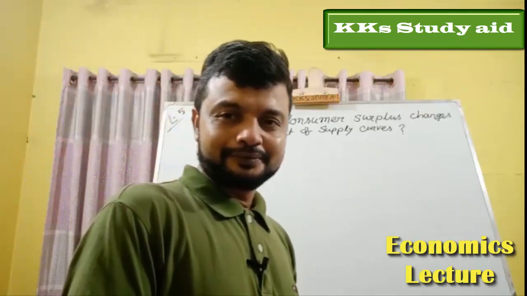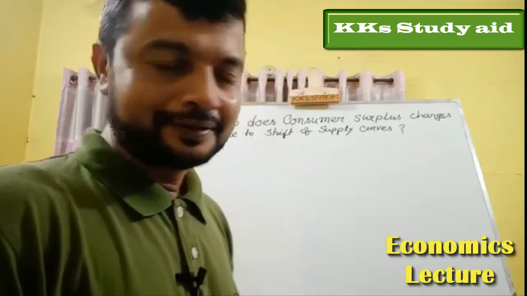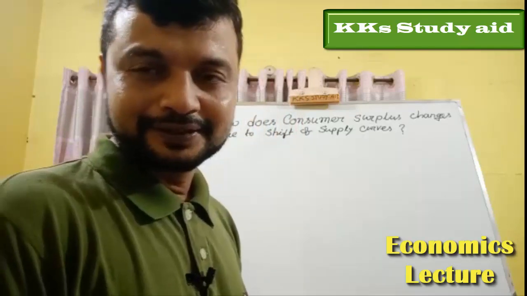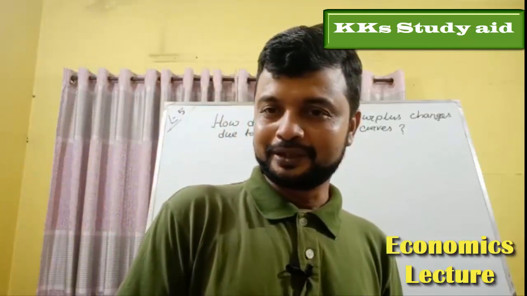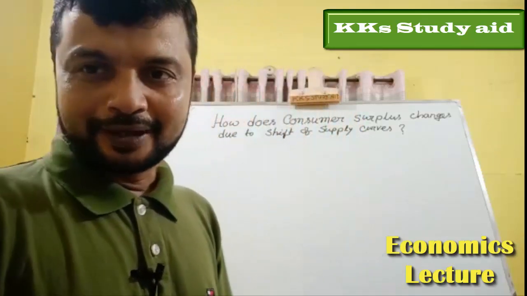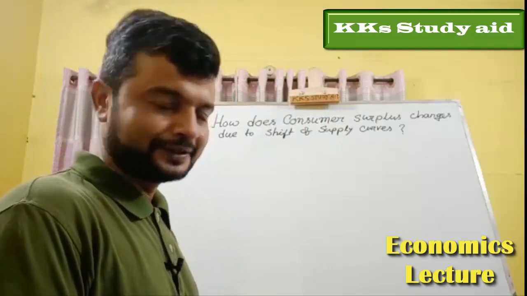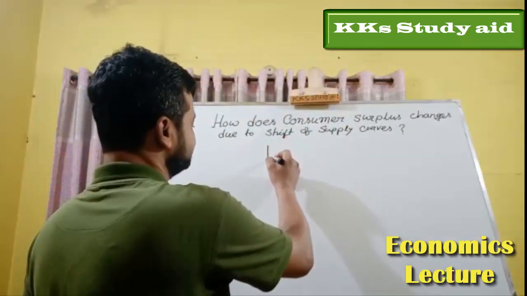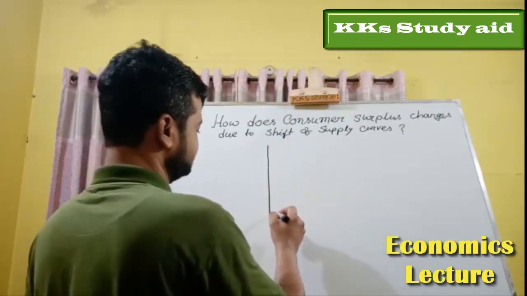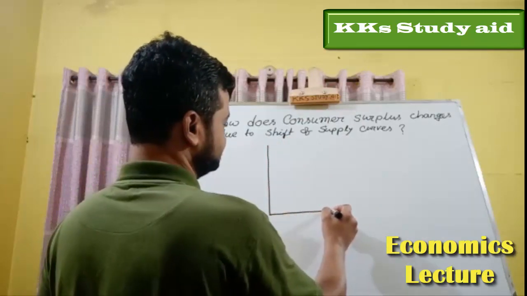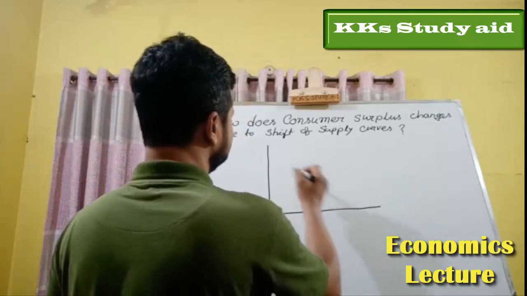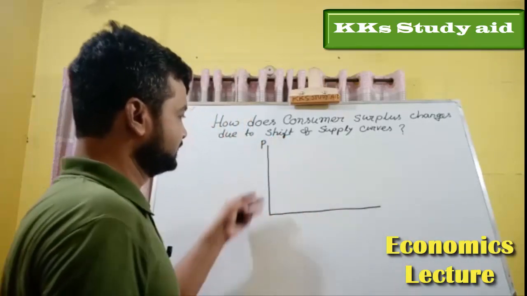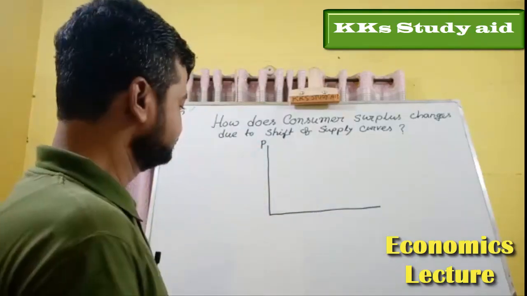So let's see the matter in graphical presentations. I think these graphical presentations will make you understand better. Now let's see the graphical presentations here. This is the vertical axis.